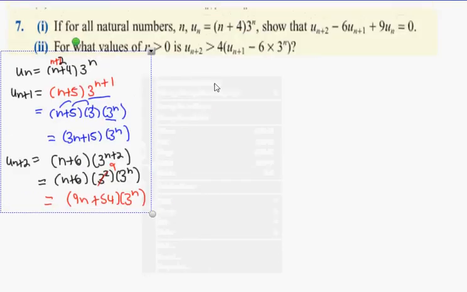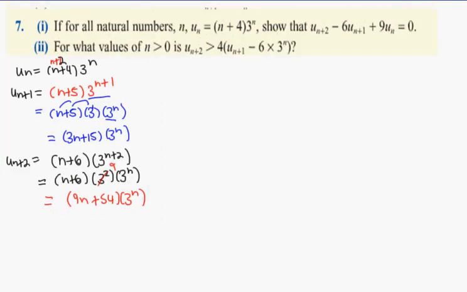So what I'm going to do next is write down u to the n plus 2 first. u to the n plus 2 is 9n plus 54 multiplied by 3 to the n. The next one is minus 6 multiplied by u to the n plus 1.